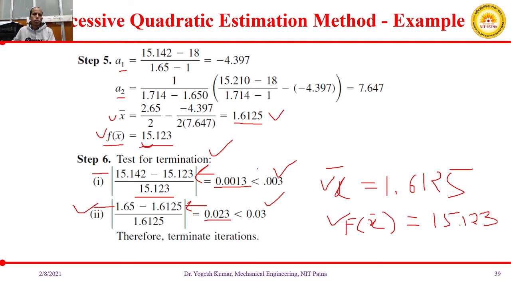Okay, suppose one condition is satisfied and another is not satisfied, right? So in that case, we will continue our iteration till both conditions are satisfied. Then we have to again do the same iteration, right? Any other question?